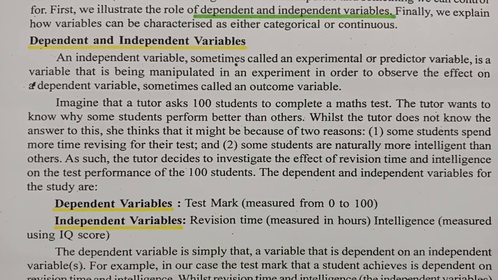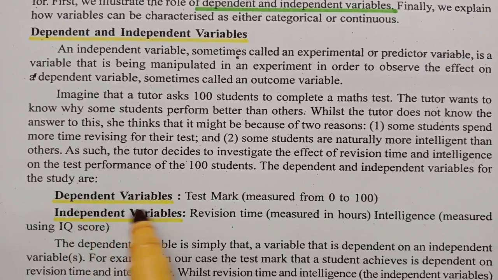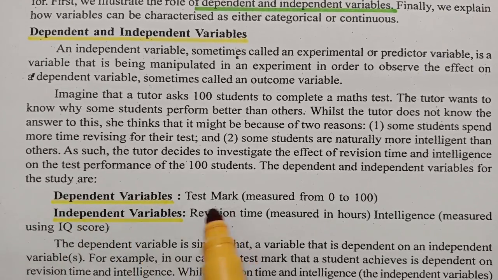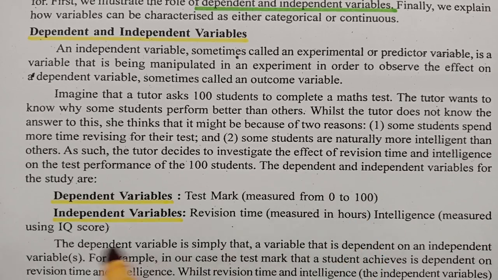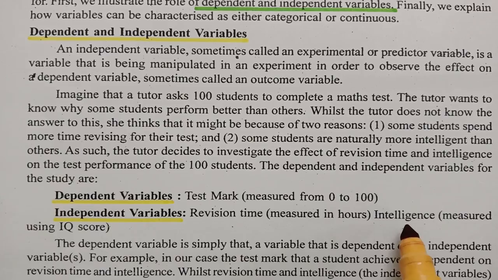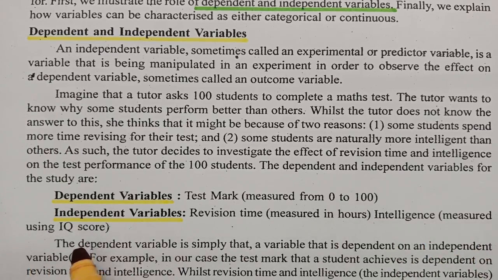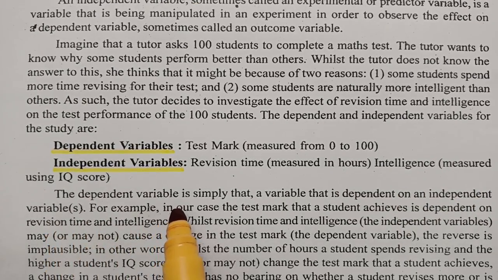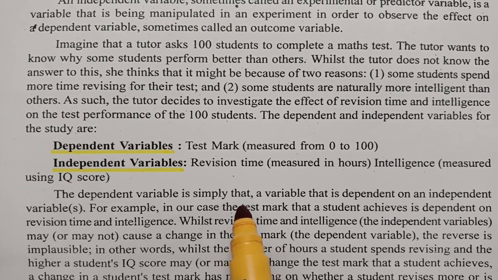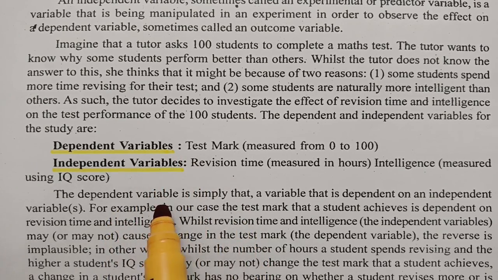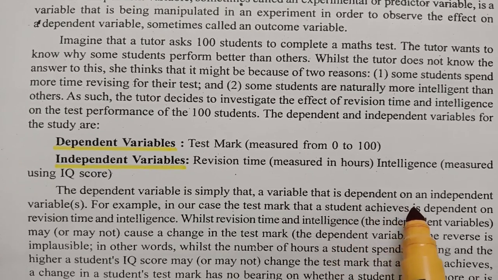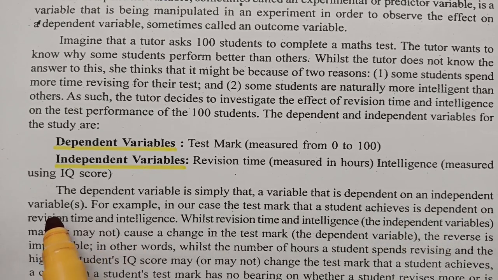See here, now you will be understanding this concept. The dependent variable is test marks measured from 0 to 100. The independent variables are revision time measured in hours and intelligence measured using the IQ score. See, what is dependent? A dependent variable is dependent on an independent variable.